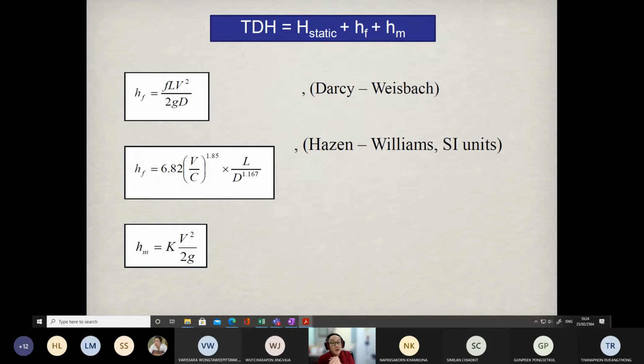And what are the differences between the Hazen-Williams equation and the Darcy-Weisbach equation? What are the major differences? So Darcy-Weisbach, I think you are familiar and know each term in this equation. F is the friction factor, L is the length, so the longer the length, the higher the head loss.